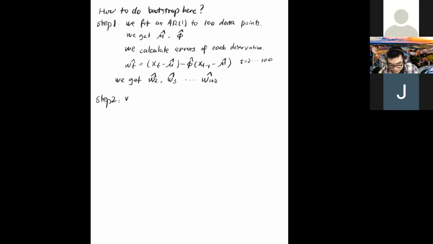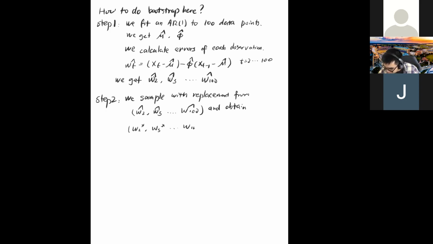So we sample with replacement from our W2 hat, W3 hat, and so on, and obtain a new data set. Let's call it W2 star, W3 star, up to W100 star. So we do the bootstrap based on W, and then we construct X_t and X_{t-1} using this W star.